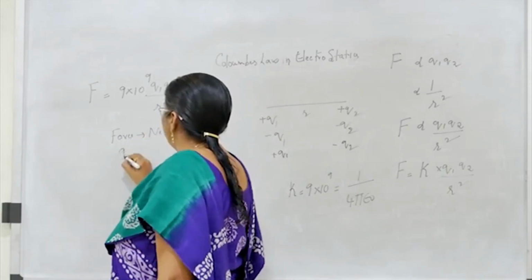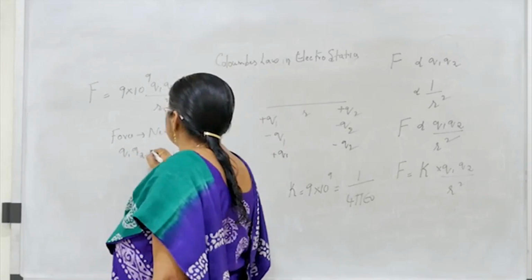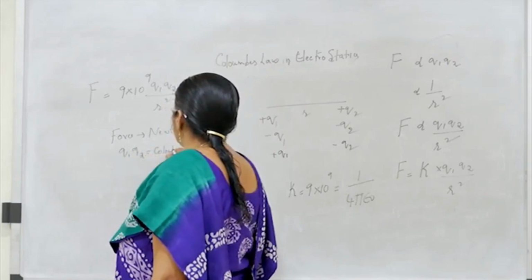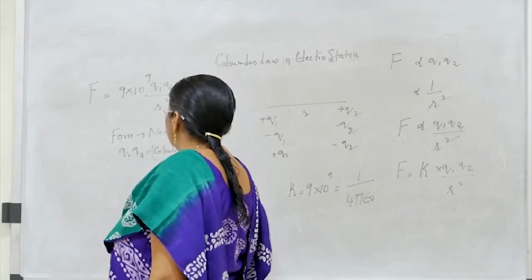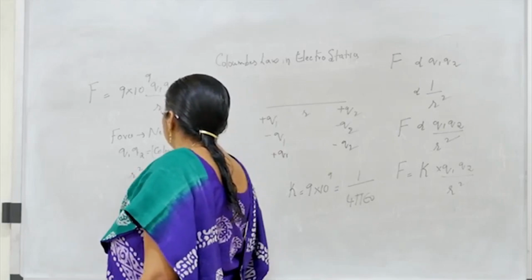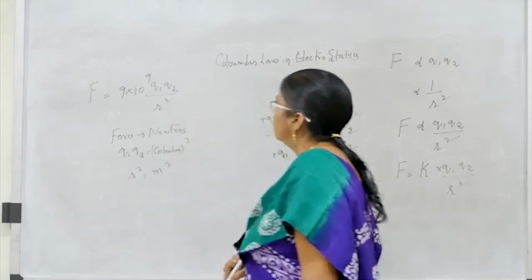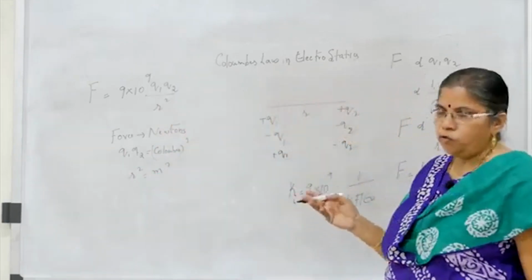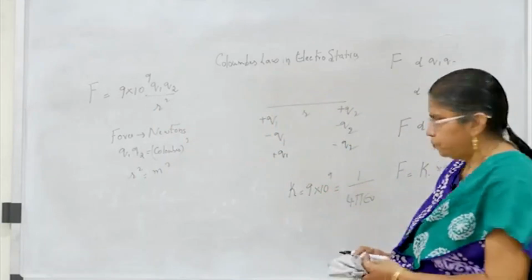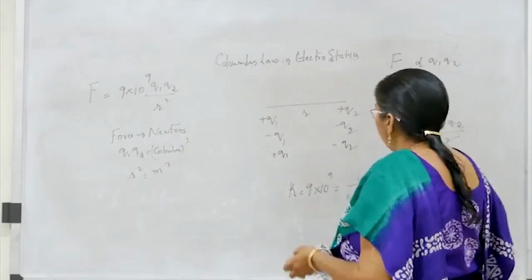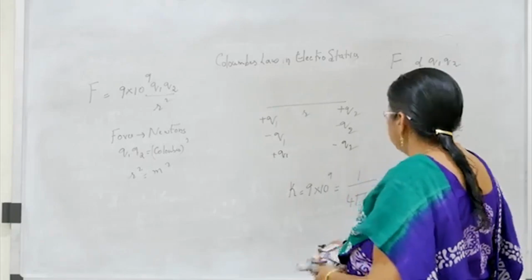The product q1 q2 is Coulomb square, and the distance r square is in meter square. So this is how you find the force of attraction or repulsion between two charges. This is known as Coulomb's law in electrostatics.